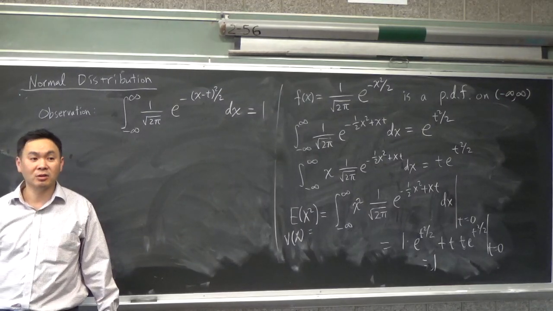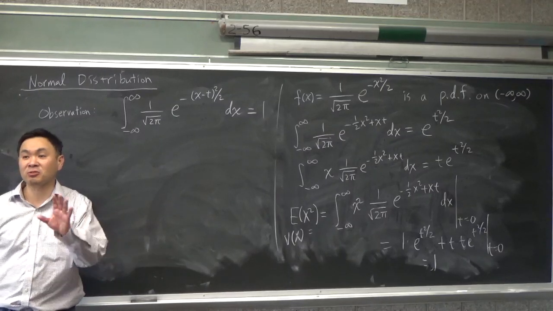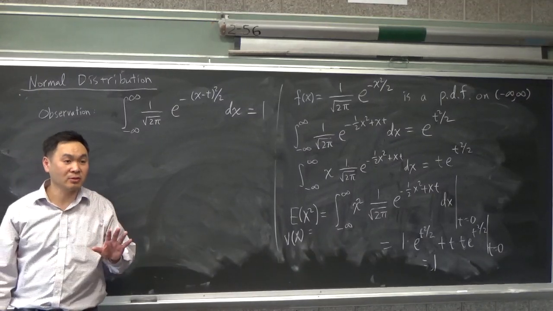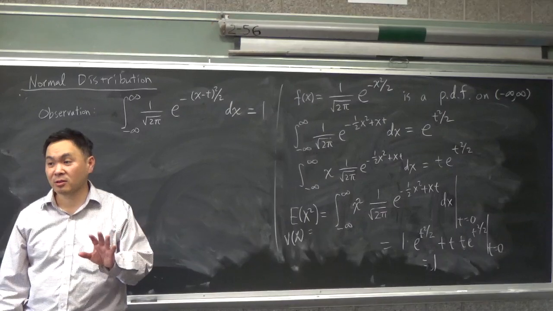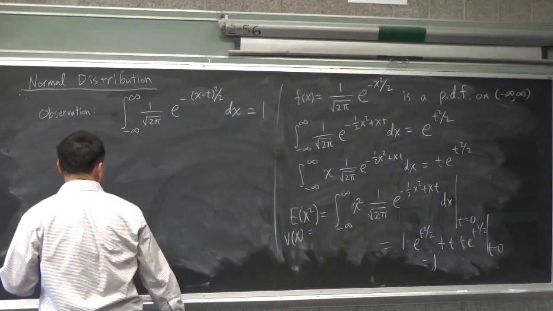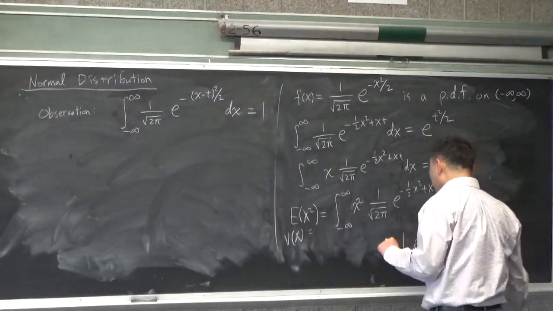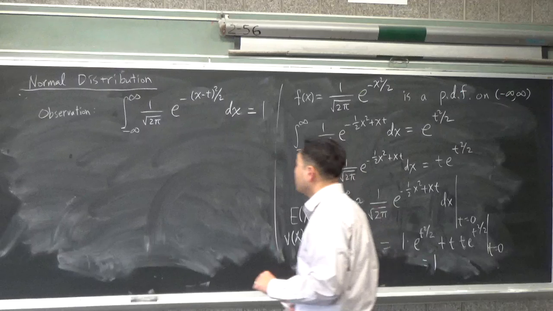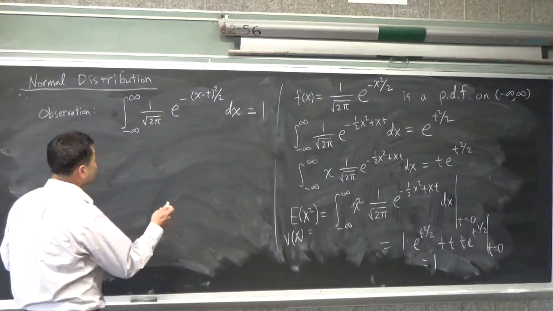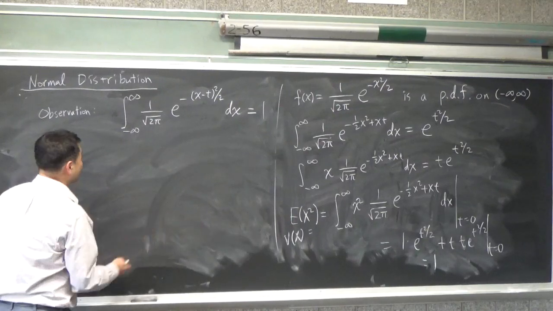Standard deviation is the square root of the variance. Okay? Standard deviation is the square root of the variance. So you have the square root of the variance as 1. That's what we just found out.